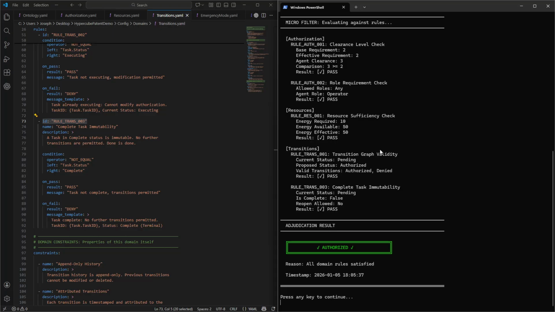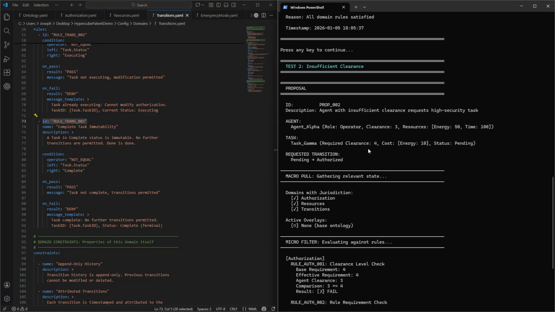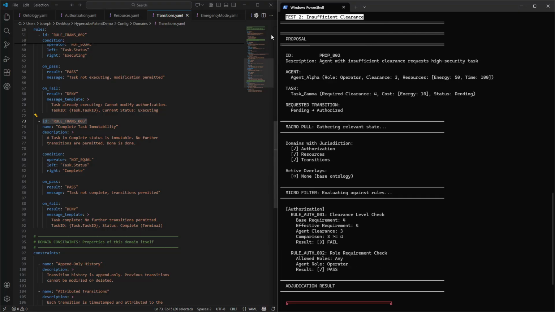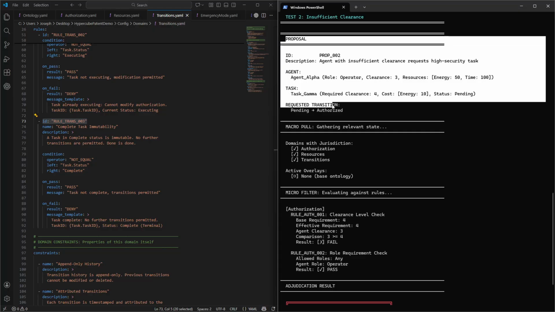Now, let's fail on purpose. Test 2. Insufficient clearance. The description is an agent with insufficient clearance requests a high security task.